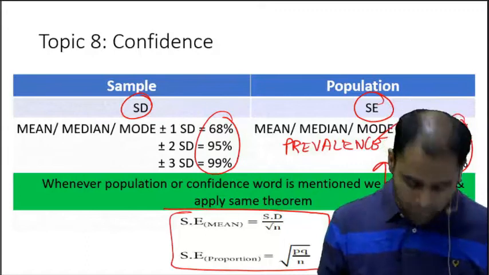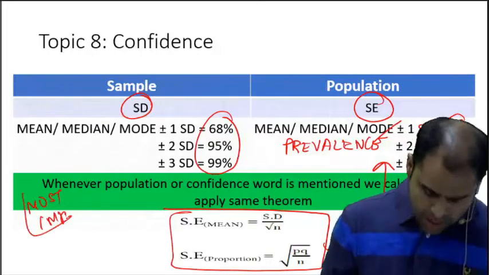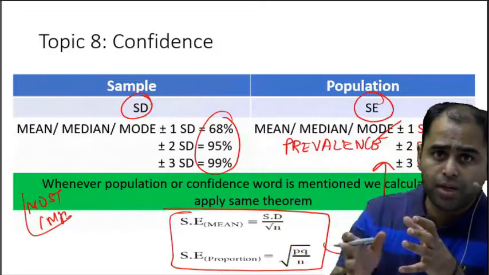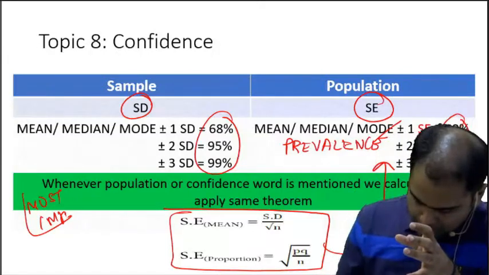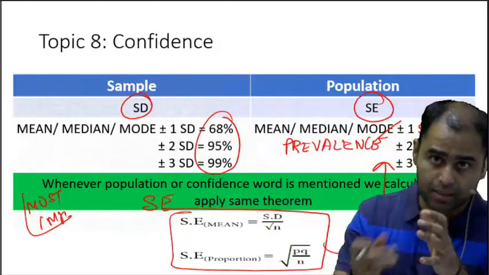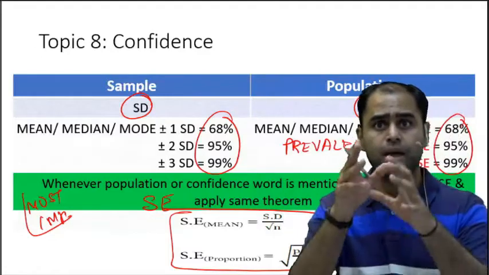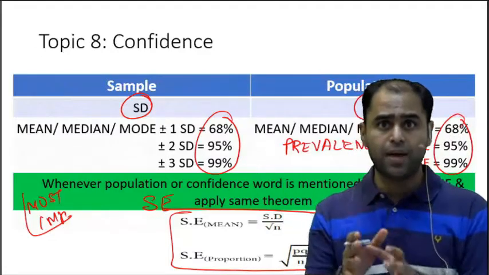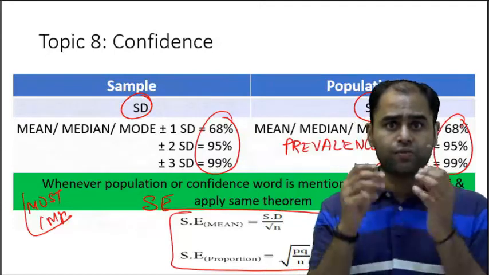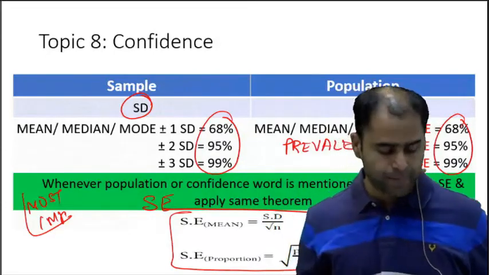But the most important is this. Whenever the word population or confidence is mentioned, we have to calculate the standard error. Unfortunately, this is not mentioned in the MCQ books, and that is where majority times students falter in this concept of confidence. Yes?